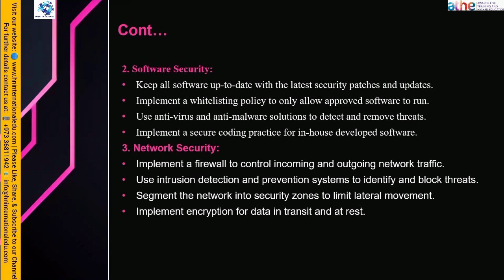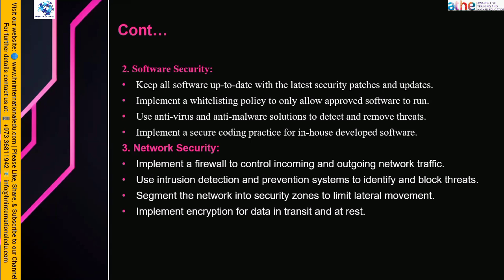Next thing is network security. Network security is the highest concern, because network is the one thing with which multiple people try to breach your data. It is the point at which you need to implement higher security, and you will implement a firewall to control incoming and outgoing network traffic.